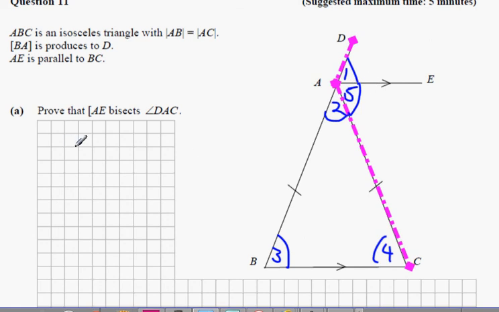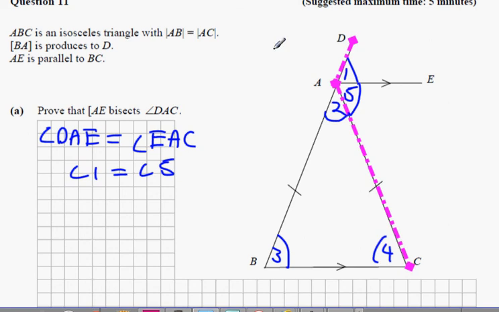In effect, you're trying to prove that the angle DAE equals what, guys? Angle EAC. You're trying to prove that angle 1 equals angle 5. That's your goal for this question.